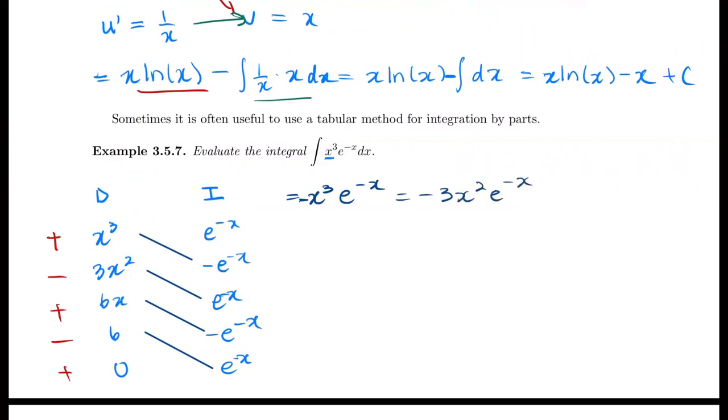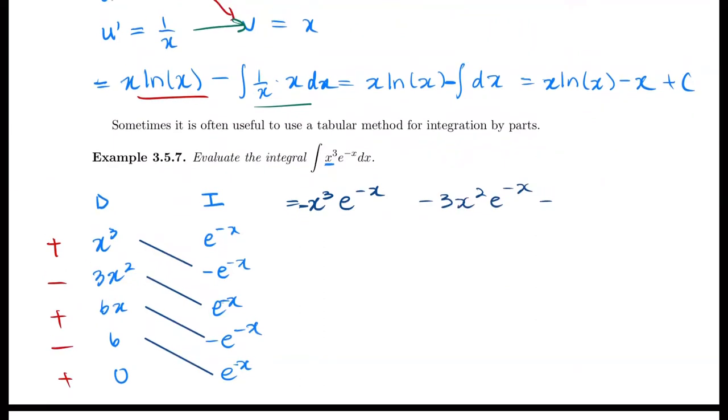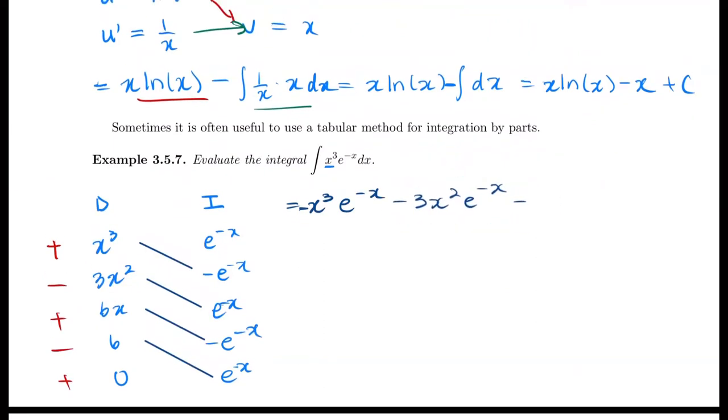The third one, we get negative 6x, e to the power of negative x, and then negative 6 times e to the power of negative x. And that's all for this one. And then plus c at the end here.